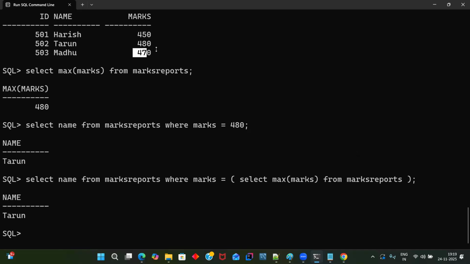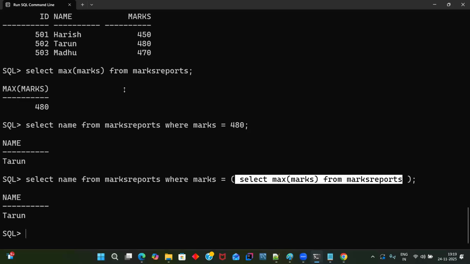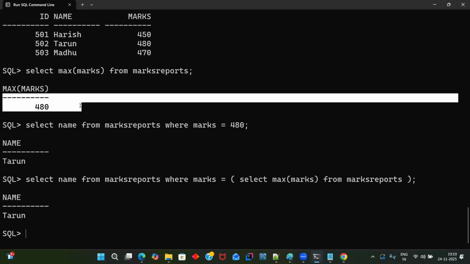If there is a tie between the highest scores, what can we do? Your concern will be explained in the next 5 minutes itself. But first, everyone, you have the context right now. This subquery returns one row undoubtedly. Any doubts?